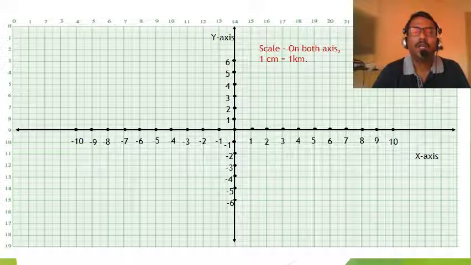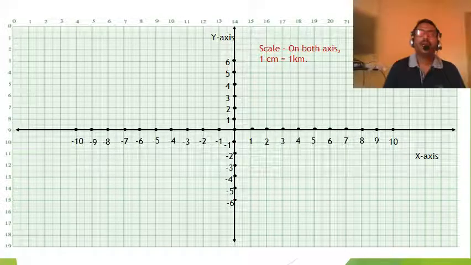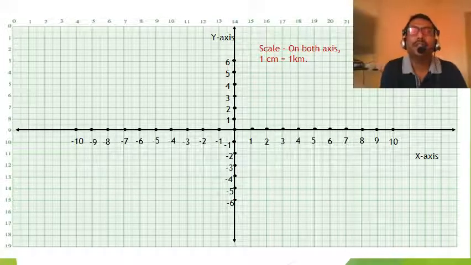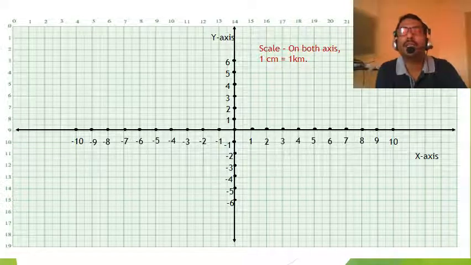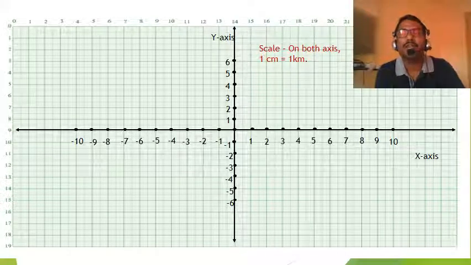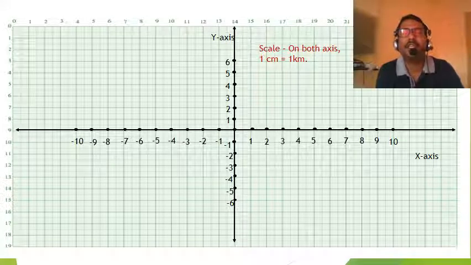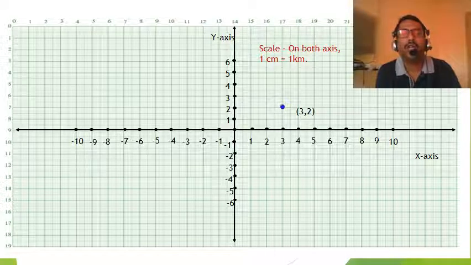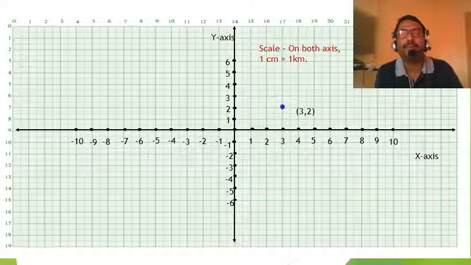And here in the plane we have taken 1 centimeter square. So we have to scale this graph for this situation as 1 centimeter equal to 1 kilometer. Now, the person was standing here at 3, 2. X coordinate is 3 and Y coordinate is 2.